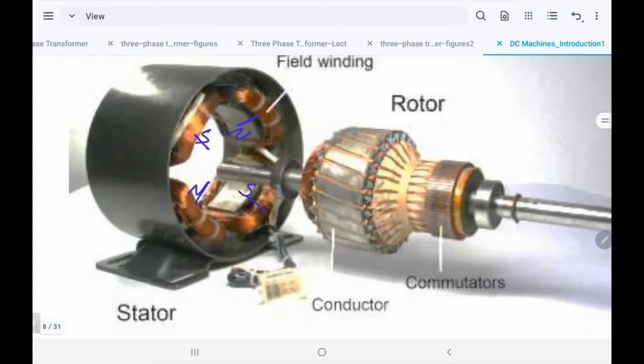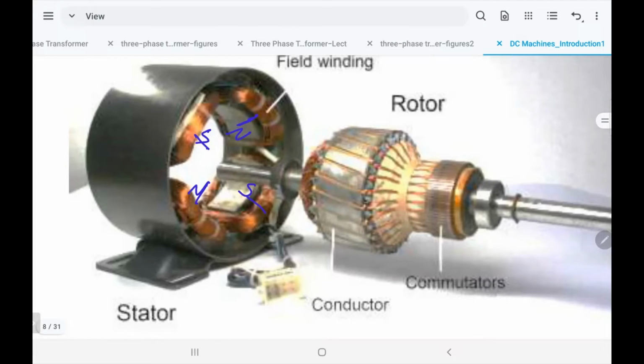So you have north, south, north, south. That's a 4-pole machine. There are 2-pole machines and 4-pole machines. You can have more, but 4 poles are common, used in industry. 2 poles are in toys and things like that, small size. Because when you have more poles, you have more magnetic field, they are more powerful.